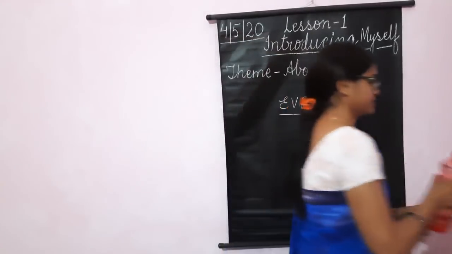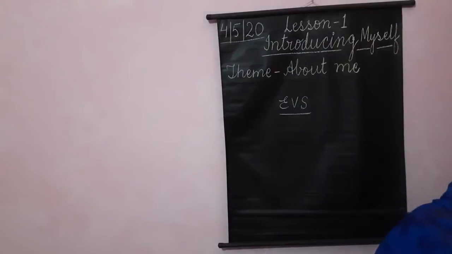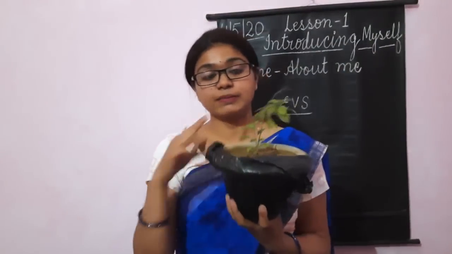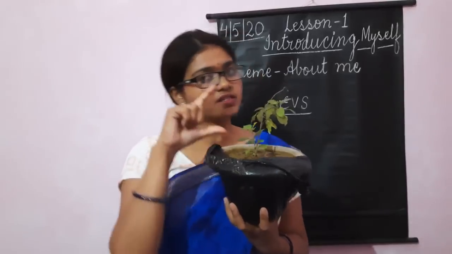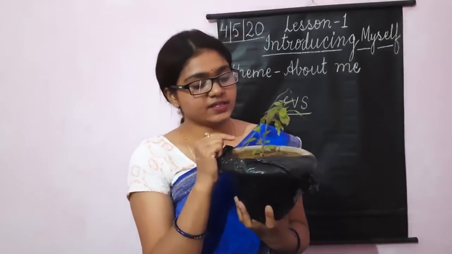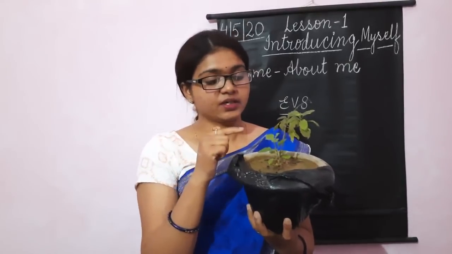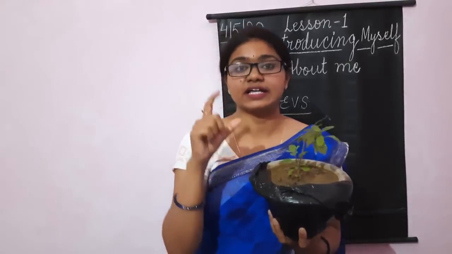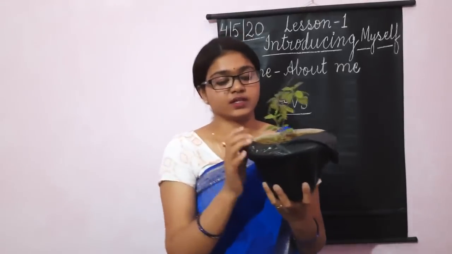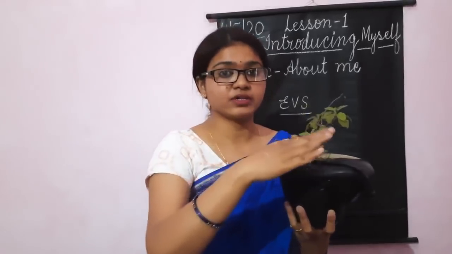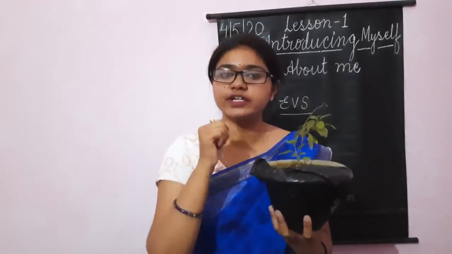More things are there. You will read about the plants. You can see this plant. This is a small plant, the basil plant, also known as tulsi. We will read about plants in EVS: small plants, big plants, creepers and climbers, different types of plants.